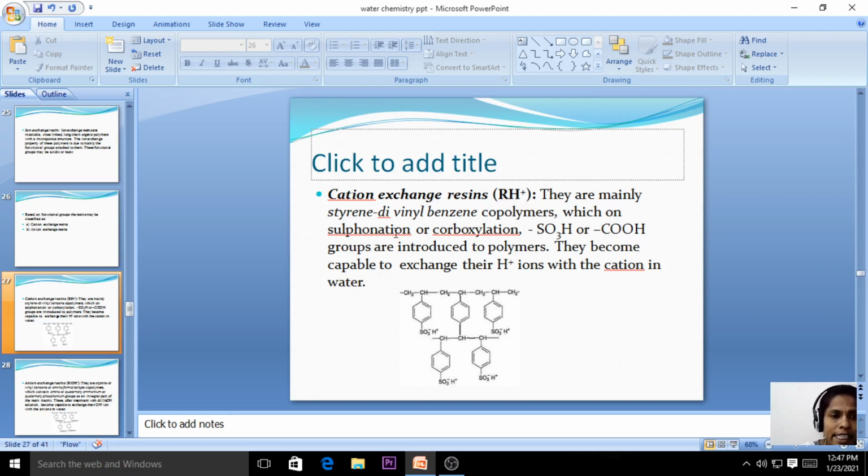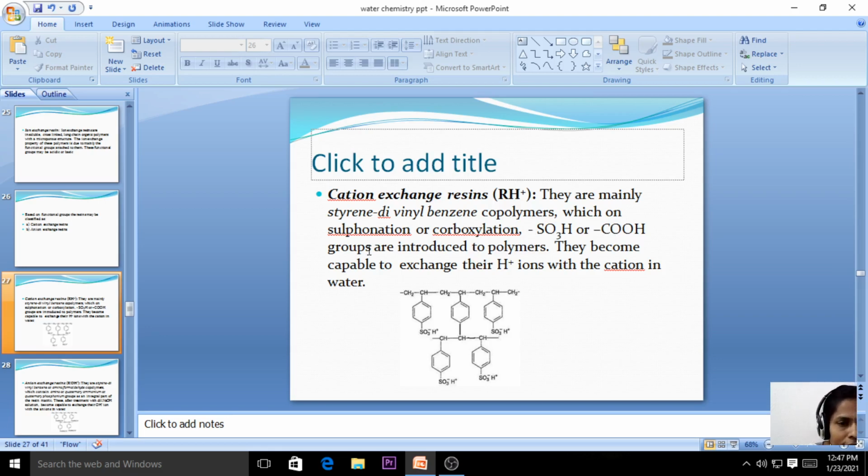They are mainly styrene divinyl benzene copolymers. So these polymers are copolymers. I will explain what is meant by copolymer in the next unit. But this copolymer is made of styrene and divinyl benzene, which on sulfonation or carboxylation, SO3H or COOH groups are introduced to the polymer chain.